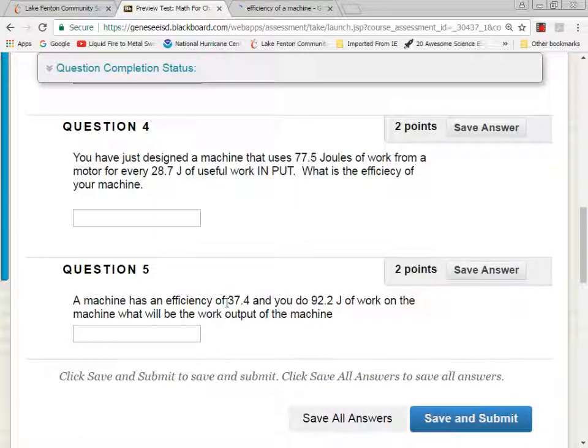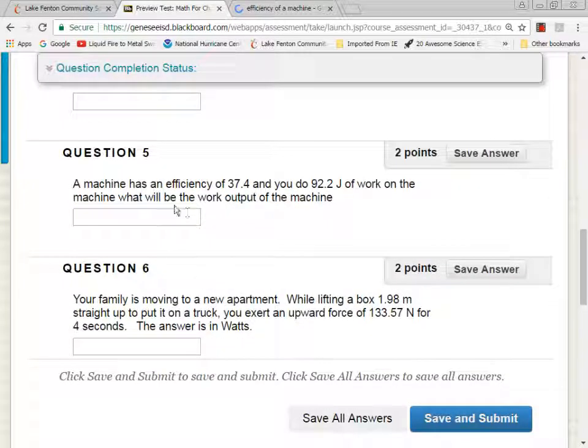And then a machine has an efficiency, and you do 92.2 joules of work on the machine, what will be the work output? So here you have work output.